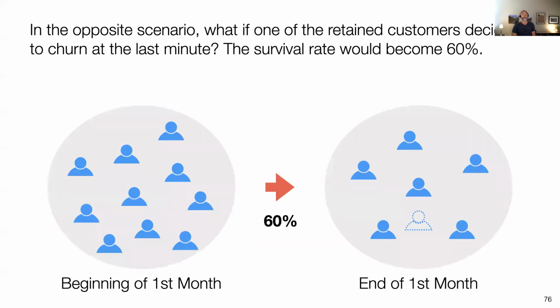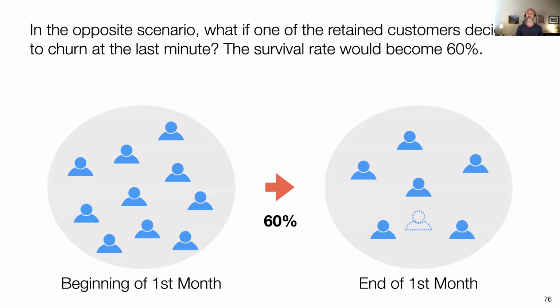But the opposite thing can happen too. In the original scenario, 3 out of 10 churned and 7 were retained. That's why we said 70% retention rate. However, out of those 7 retained in the previous slide, what if one person decided to churn? That person was also indecisive, and in the last minute something happened and they decided to quit.